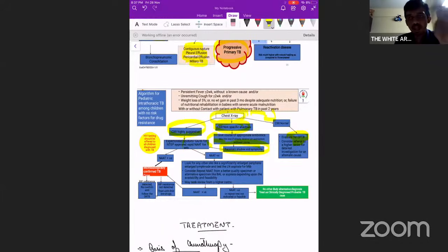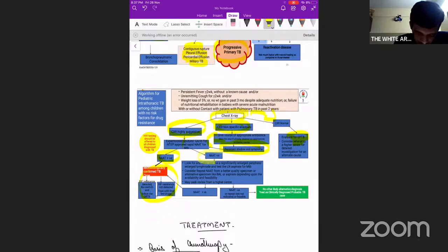What are the samples that can be taken? Gastric aspirate, induced sputum, gastric lavage samples, or an expectorated sputum sample if available. Well and good. So CBNAT can come positive. If CBNAT is positive, then it is a confirmed case. To complete the diagnosis, we'll have to do drug sensitivity testing. So go ahead and determine rifampicin resistant or sensitive.